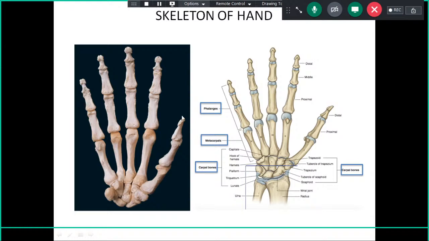I'll talk about what is the difference in your thumb, okay? In the thumb, that is the first digit, if I am seeing from the palmar aspect, this is the palmar surface of the metacarpal bone and on the dorsum will be the dorsal surface. But this does not stay true for your first digit.